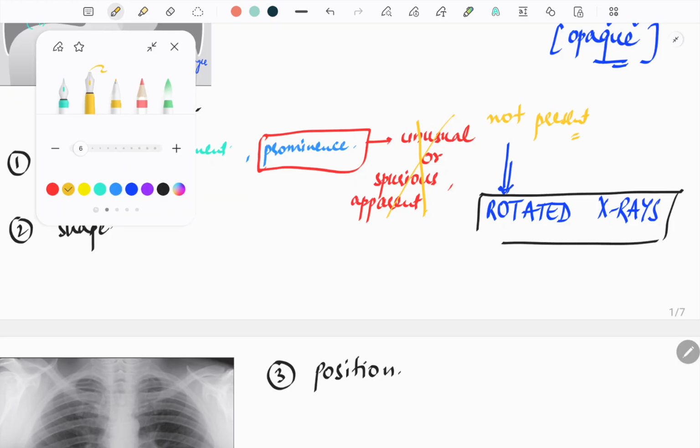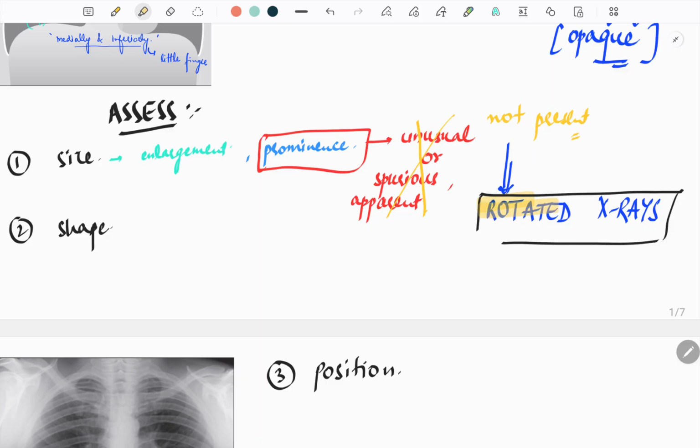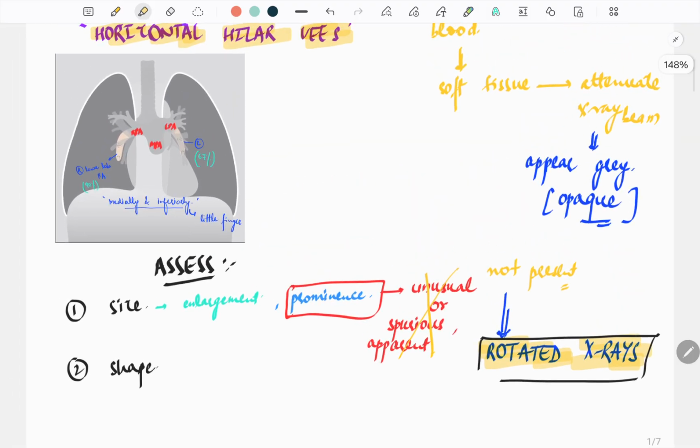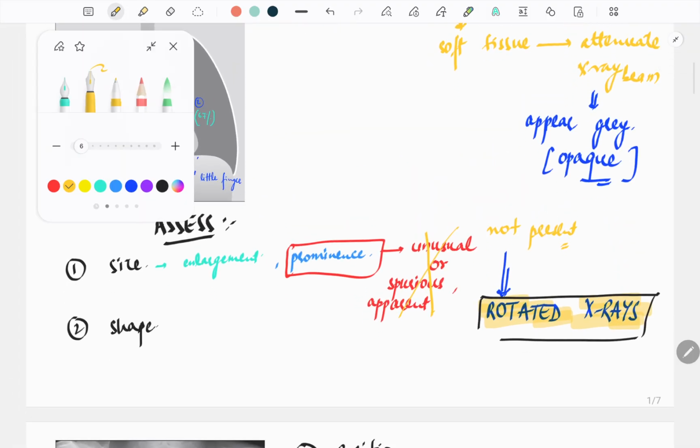Hence, we should always look for any rotation before commenting on the hilum. This was the main point which I wanted to highlight here.